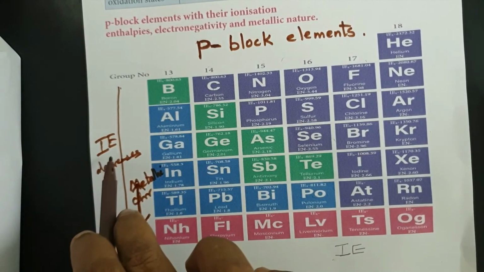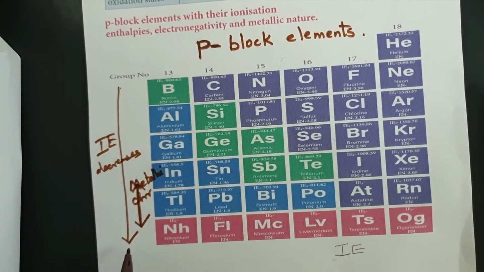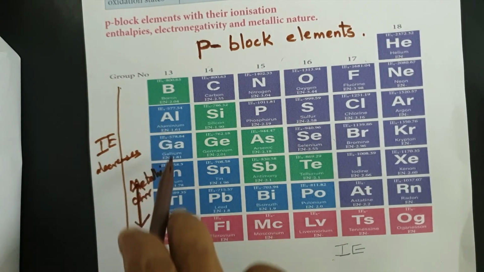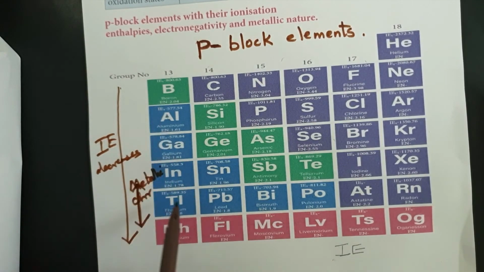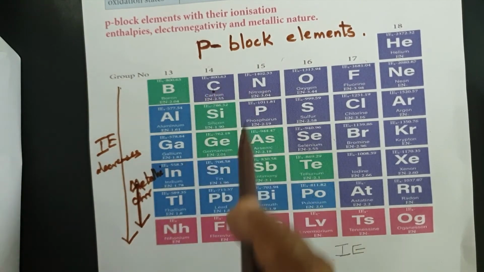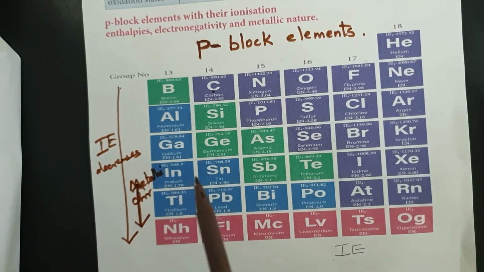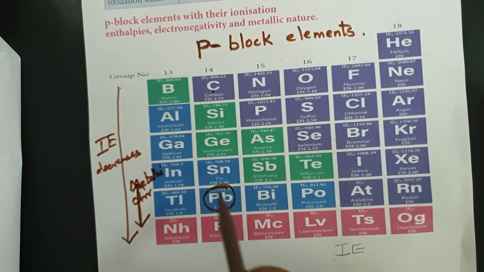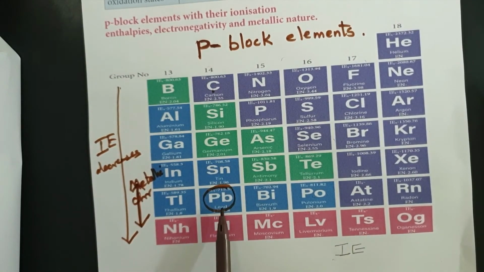So I'll repeat, the ionization energy decreases down the group, whereas metallic character increases. As you go down here, you find the metallic character increasing. That is why carbon being a non-metal, as you go down the group, lead becomes one of the heaviest metals found.